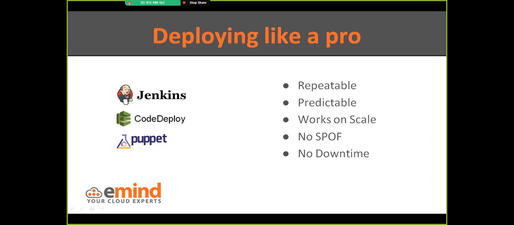We do this using freely available open source components like Puppet and Jenkins, together with the new CodeDeploy service by Amazon. CodeDeploy is a proprietary service by Amazon, but it's freely available and there's no additional charge for using it. This delivery pipeline is repeatable and predictable. It works on any scale and is designed to support zero downtime and no single point of failure.